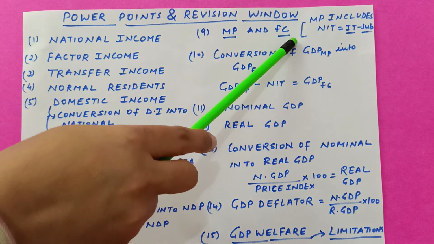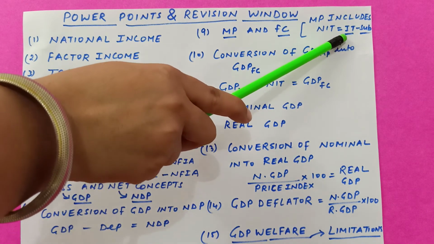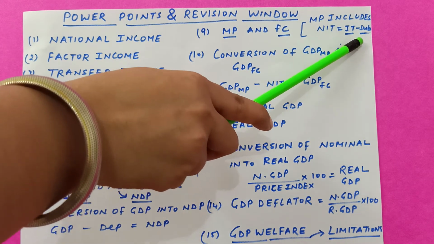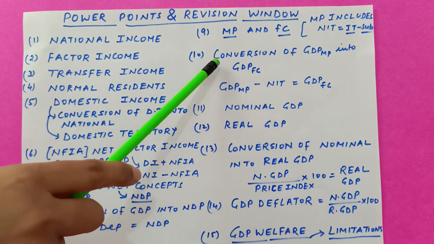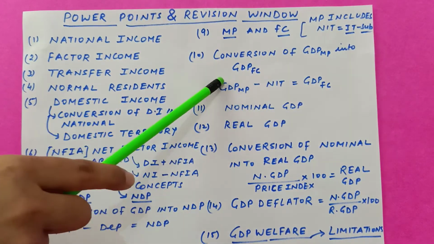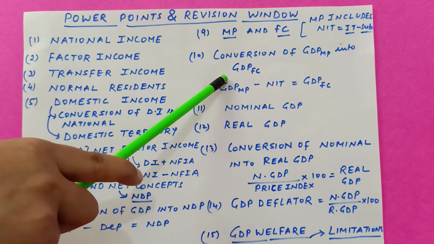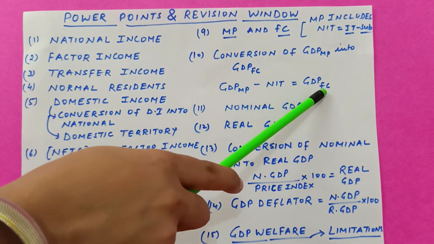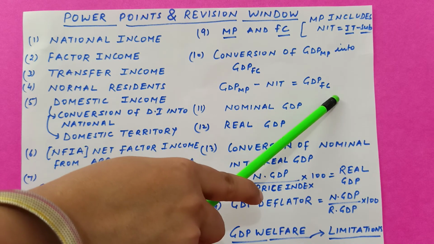Here, one more point. Indirect taxes raise the market price and subsidy tends to lower it. Now come to conversion of GDP-MP into GDP-FC. GDP-MP minus NIT is equal to GDP-FC.